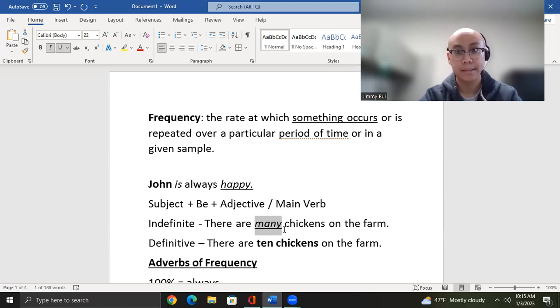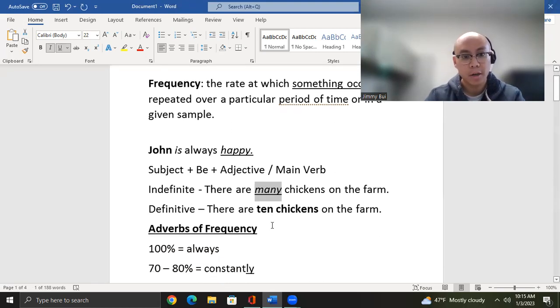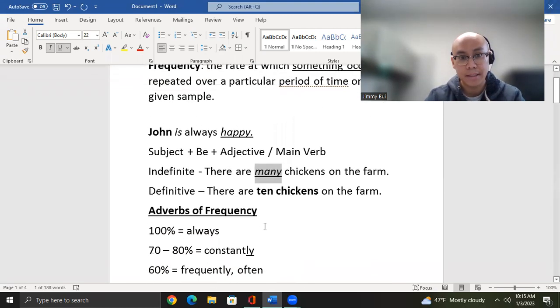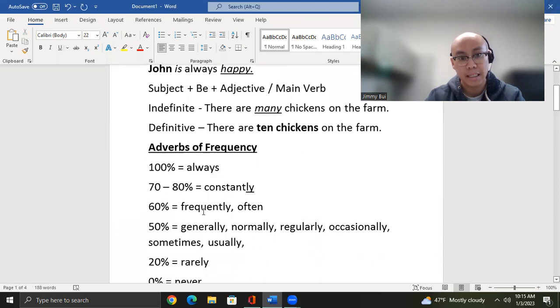Some people may consider it to be 50 or 10. Now going back to adverbs of frequency, when I say it is indefinite, these words are subjective, which means it changes based off of the speaker. It is not scientific. It is not objective. It changes based off of my opinion.